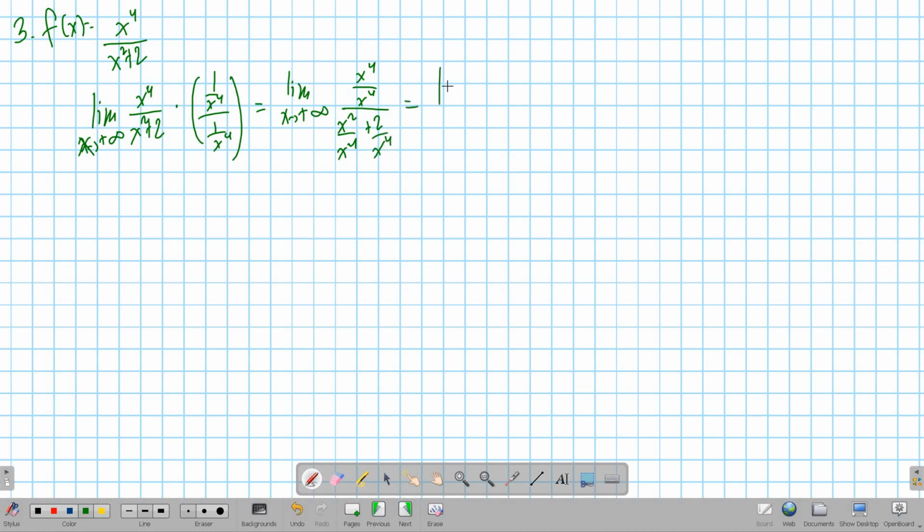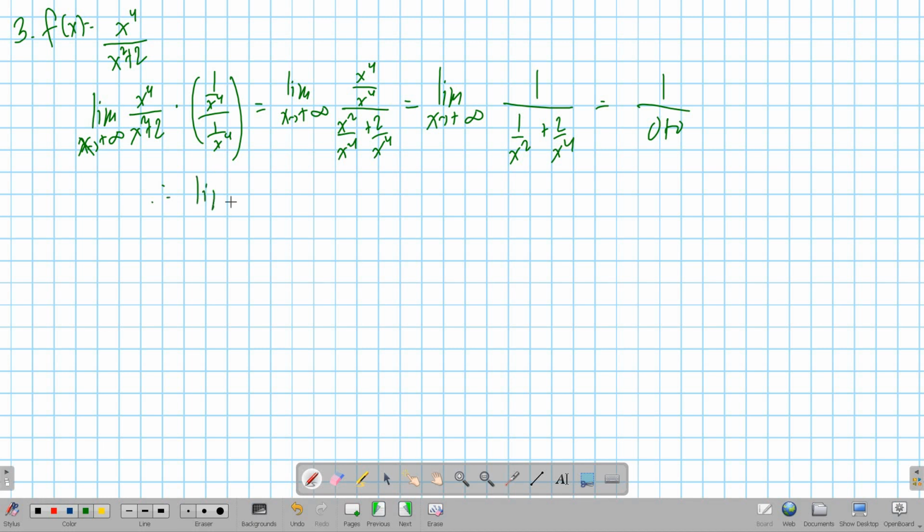Simplifying things, we get the limit as x approaches positive infinity of 1 over 1 over x squared plus 2 over x to the 4th. Applying the limit, we do get 1 over 0 plus 0. And this is undefined, which makes the limit not existing.